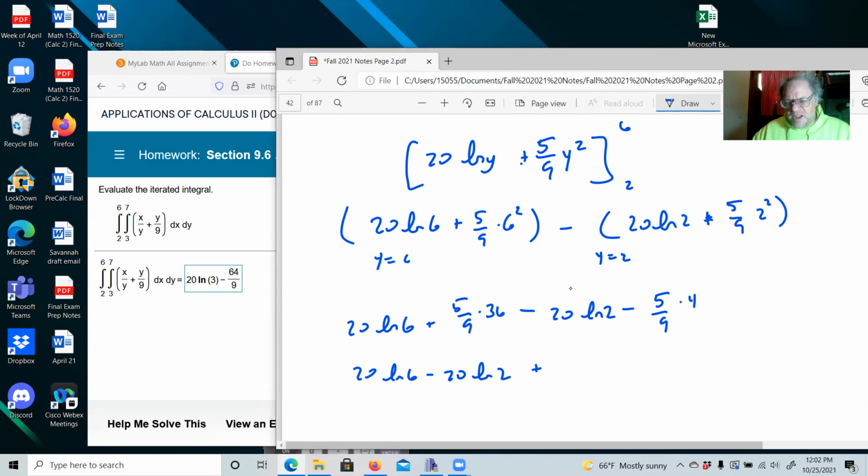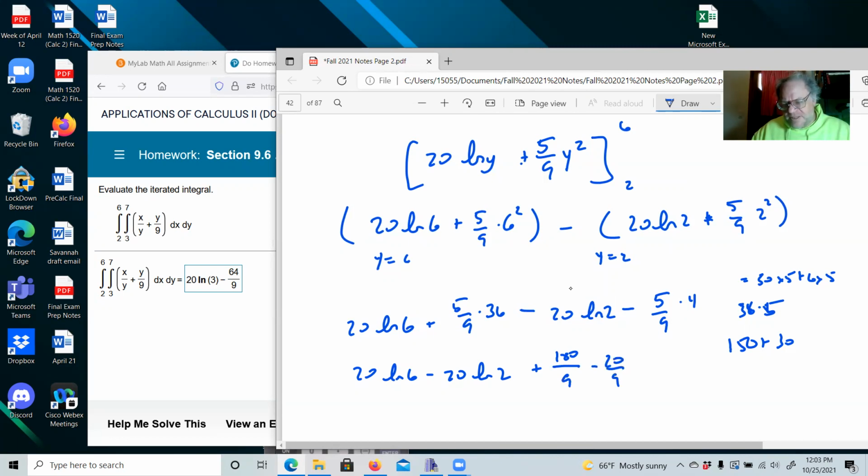What's 36 times 5? It's 150 plus 30. 30 times 5 plus 6 times 5. So that's going to be 150 plus 30. So we have 180 over 9 minus 20 over 9.